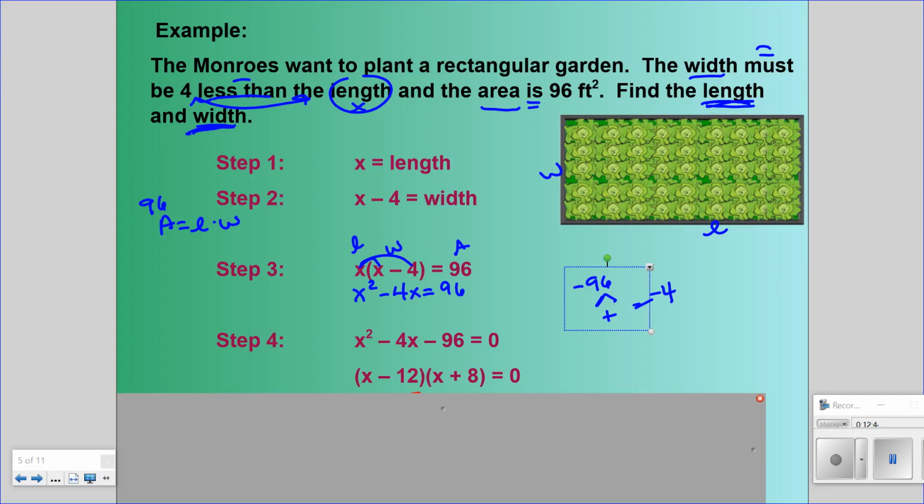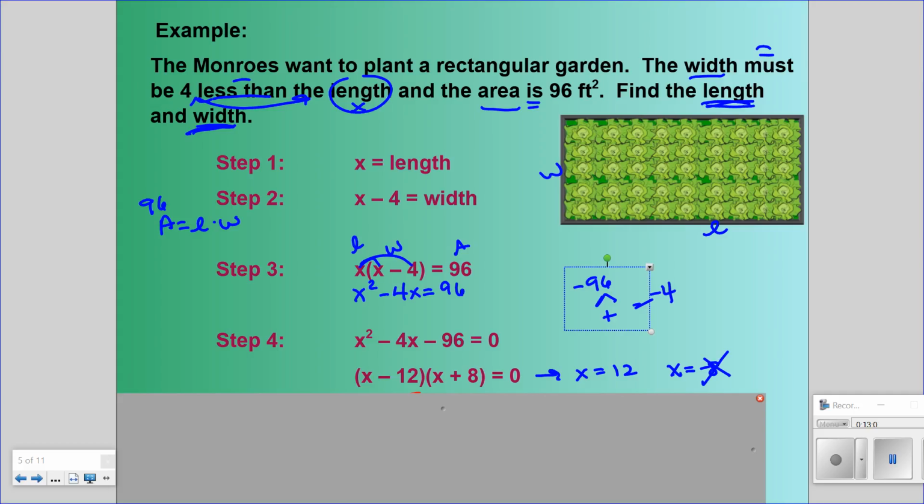Set each factor equal to 0 and solve for x. So we'll get that x can equal either +12 or -8, because we set each one equal to 0 and solve for x. Now, we're dealing with a length and a width. This is a scenario of distance. So the distances should be positive.